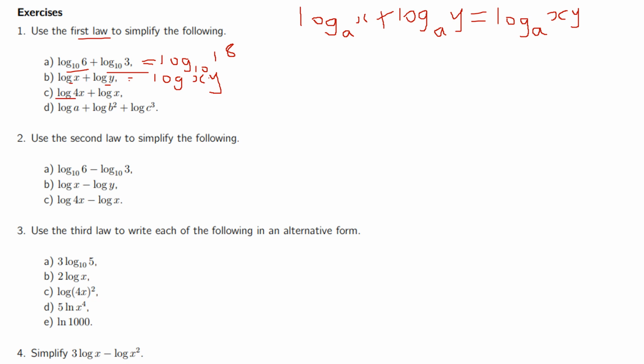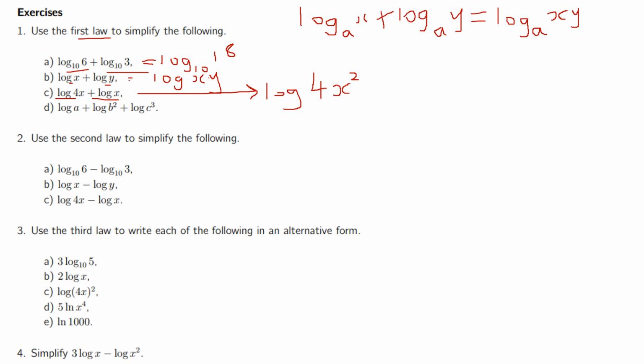The next one, log of 4x plus log of x. So I'm going to have log of 4x times x, so 4x times x will be 4x squared.